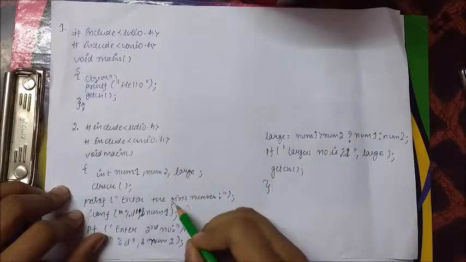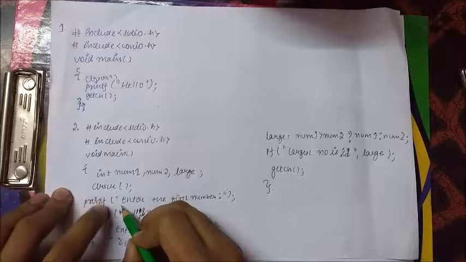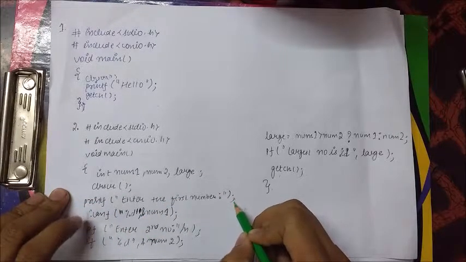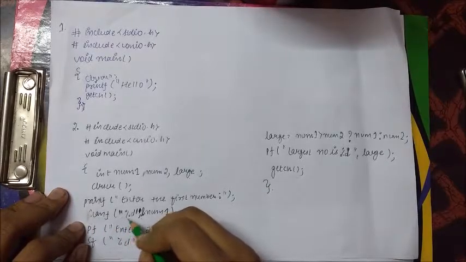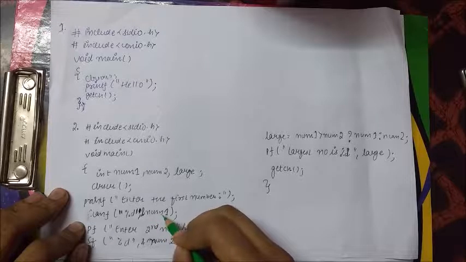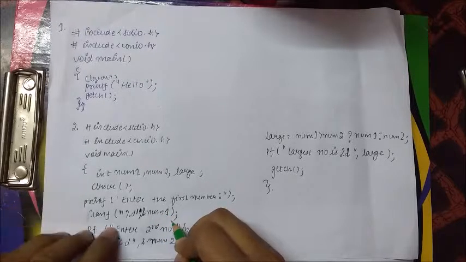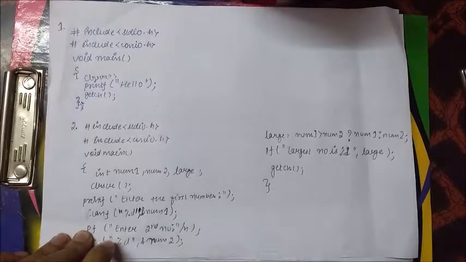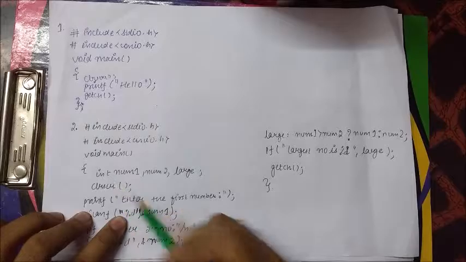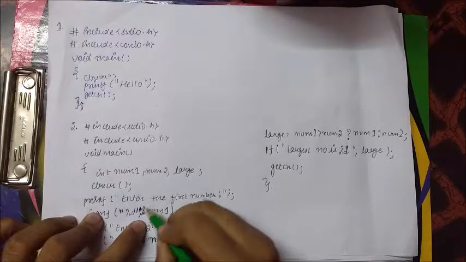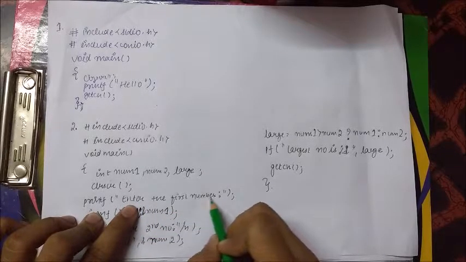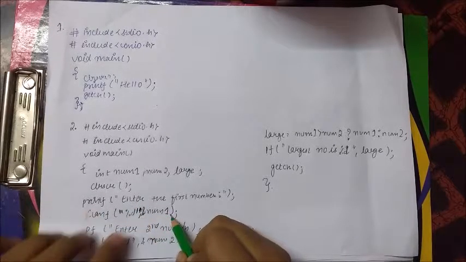Now we have printf, enter the first number. As you can see, we write it in double quotes and terminate the statement. Then scanf, double quotes, %d and &num1. We have written %d as it is an integer, then a comma and &num1, meaning we store the value of the first number at the address of num1.